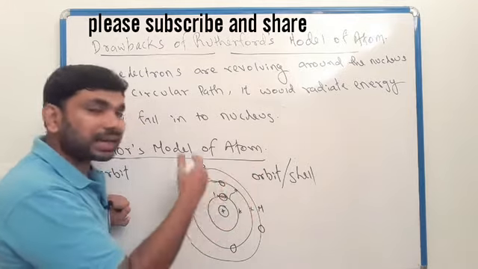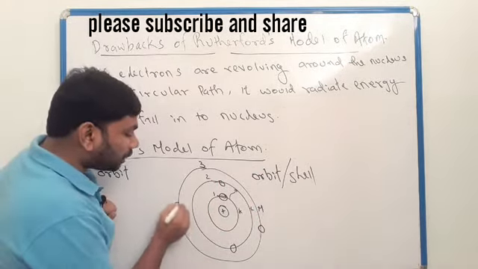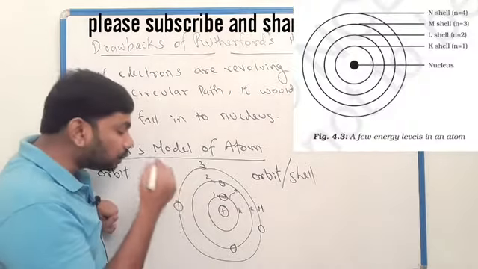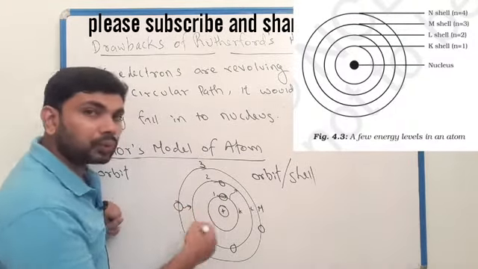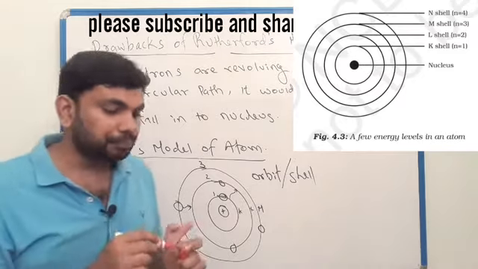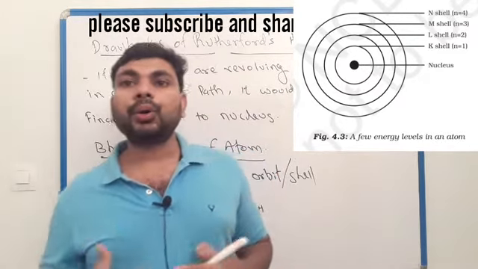It will go to the second orbit or third orbit. Similarly, if an electron in a higher energy level loses energy, then it will come back to a lower energy level. You understand? These are the different points in the Bohr model of atom.